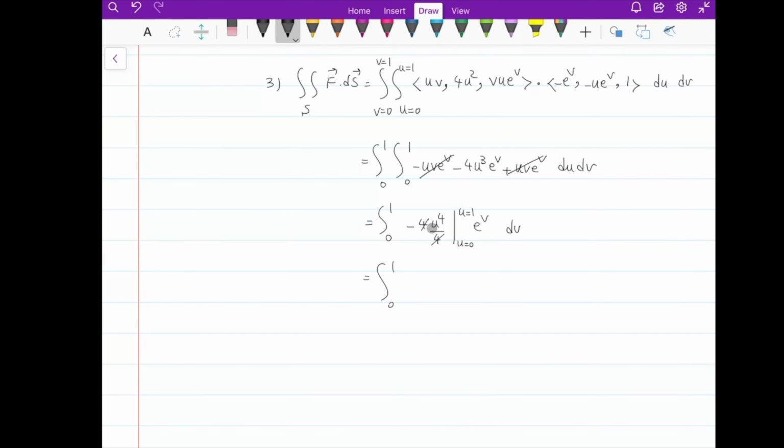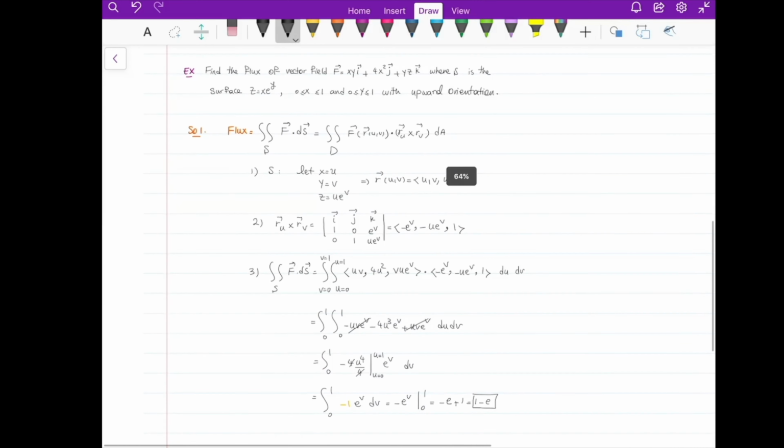Plug in 1, I get negative 1, minus plug in 0, I get 0. So I get just negative 1, and then I have e^v dv. So it would be negative e^v from 0 to 1: plug in 1, negative e, minus plug in 0, which is 1. So I get 1 minus e as the answer for this integral.